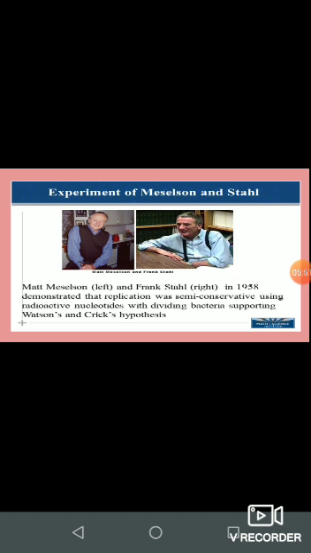For this they used mass isotopes, in particular nitrogen. Normally DNA contains nitrogen in the N14 form.